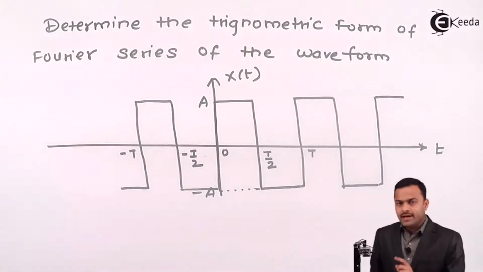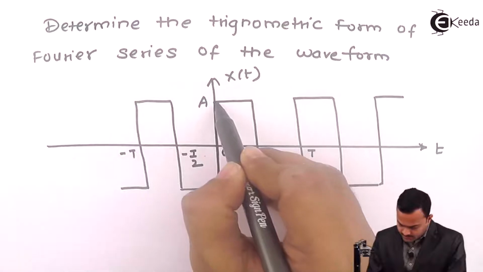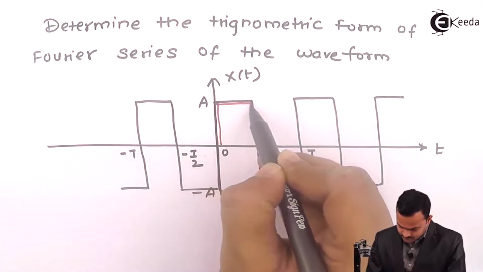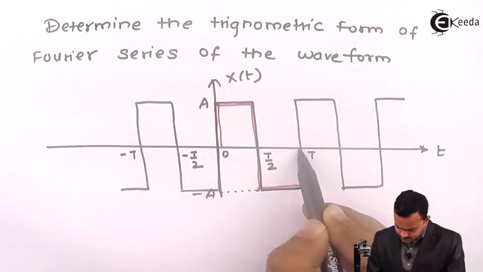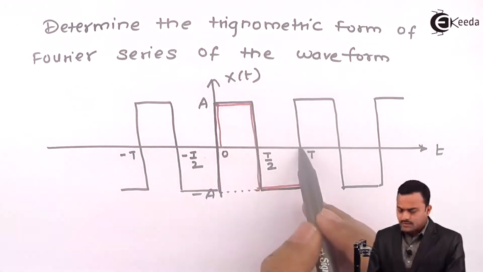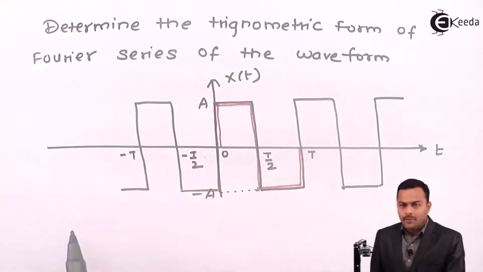So over here it is very important to decide what is the cycle. If you see properly, this part of the waveform is a cycle, because if I take this part and join over here, I will get a waveform in a continuous manner.